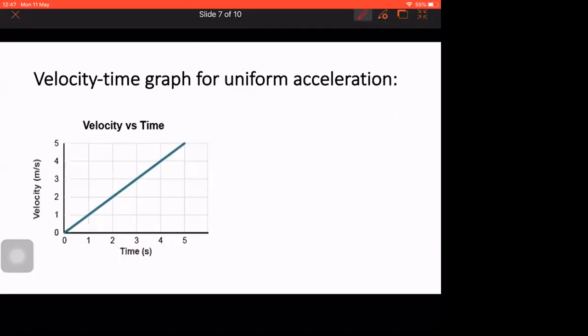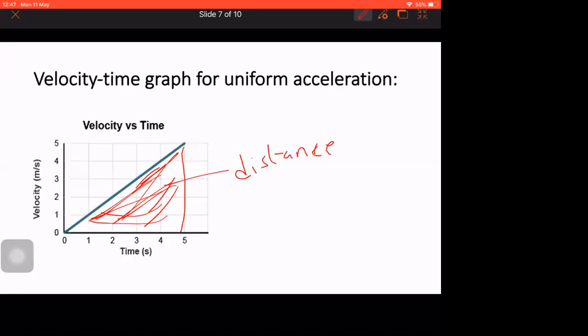I'll tell you one thing. All the portion which is there below this graph, all this portion, doesn't it indicate distance? Yes, ma'am. Because I am drawing a graph between velocity and time.